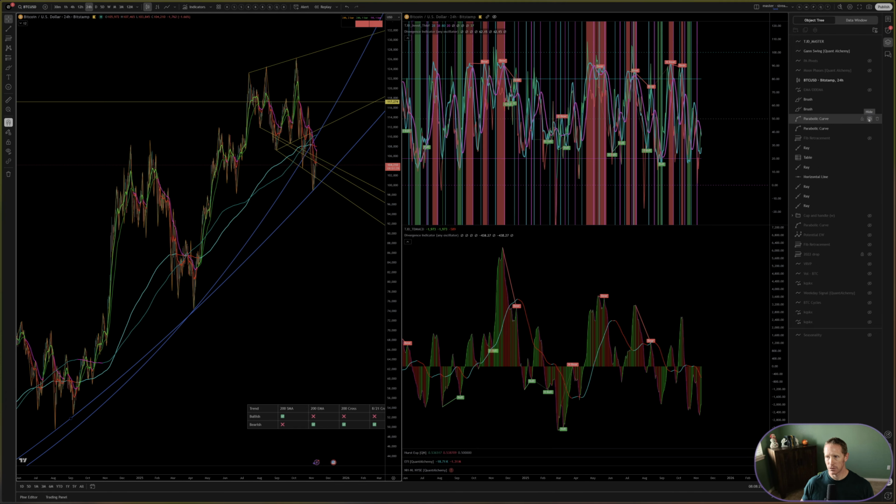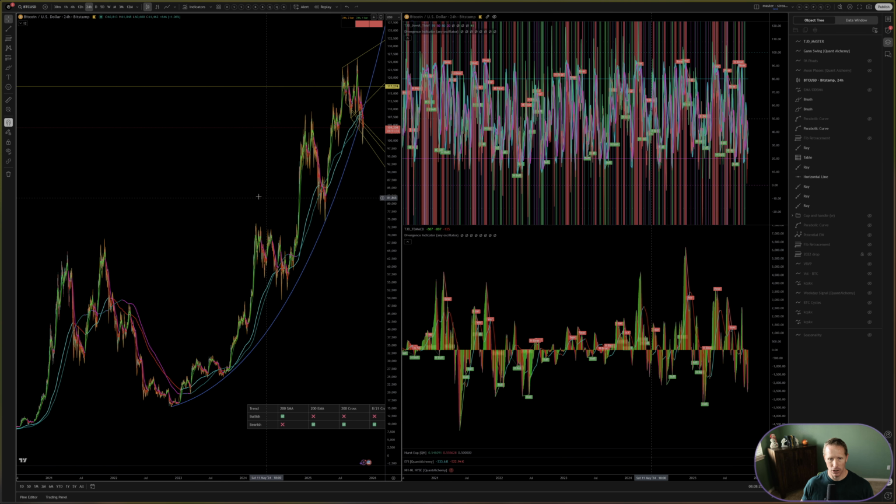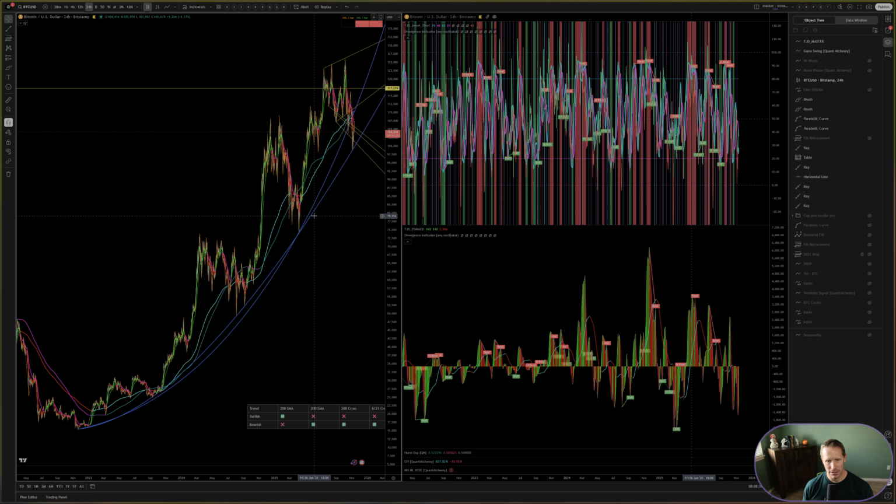So this was the original one that I had on here, and looking at this parabolic curve, it looks like we've already validated that. So never fear, I have fixed that, and that means that the bull market is safe, right? Of course. So that is one of the reasons that you can't necessarily go off of just a parabolic curve, because while you can draw it any number of ways, you never know which way is actually going to be correct unless you're looking in hindsight.